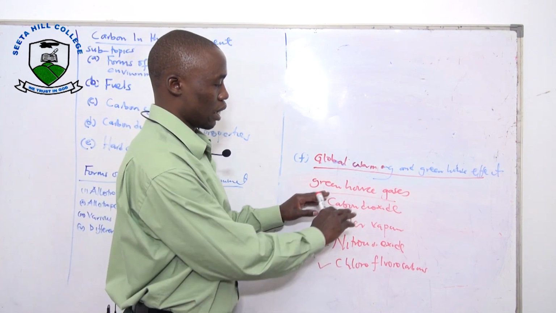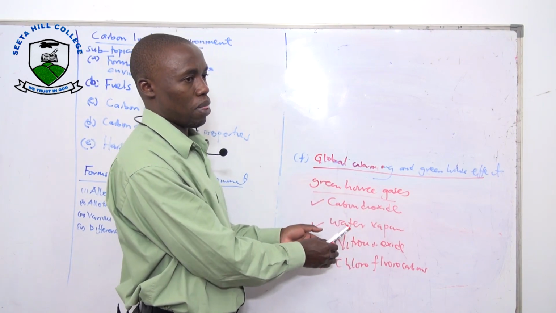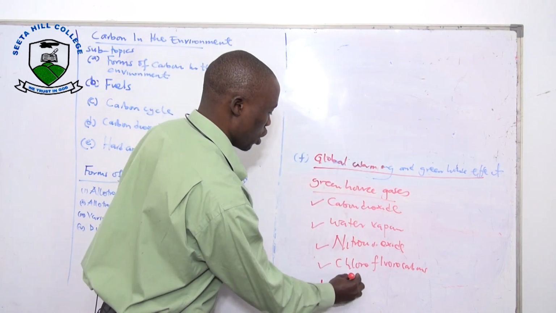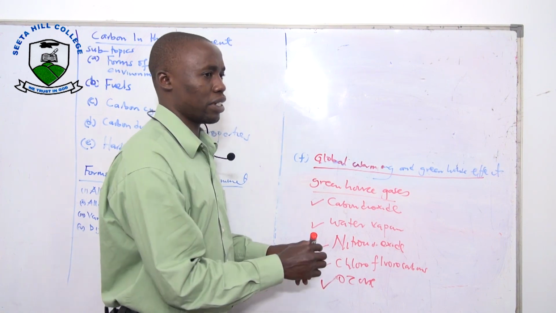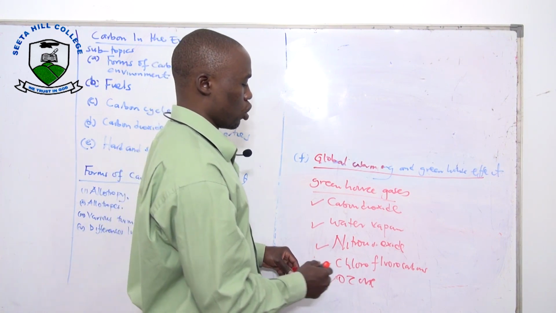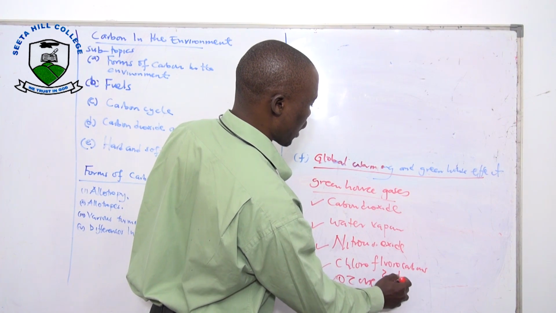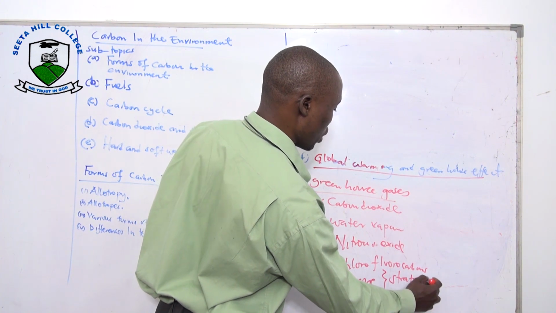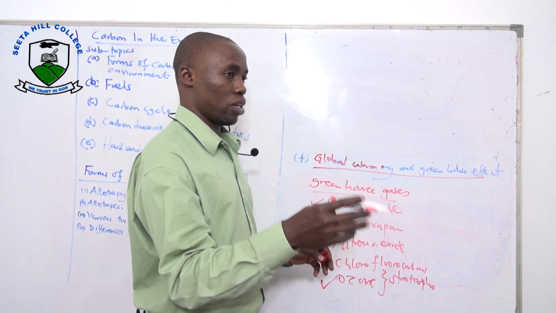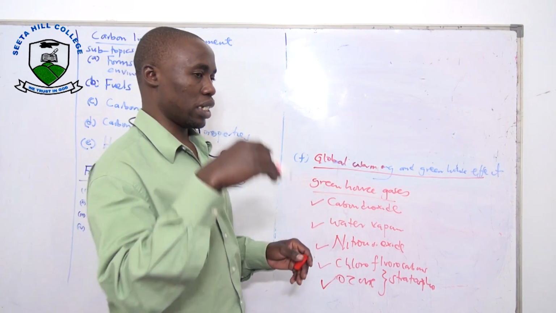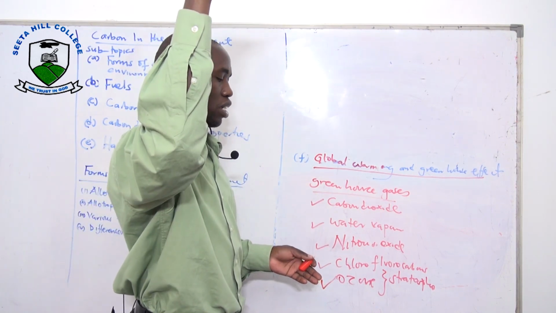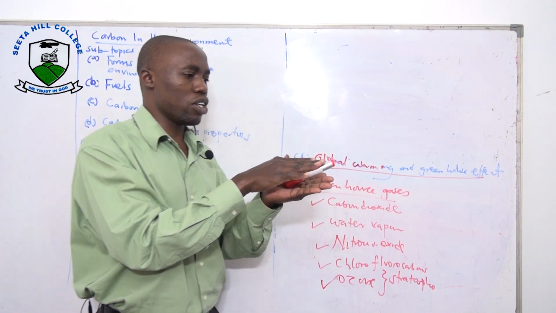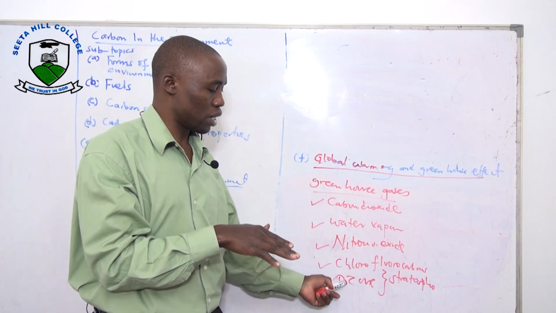Now these gases, let us summarize this part here. Listen, ozone occurs in the second layer of the atmosphere called the stratosphere. Remember we are in the troposphere now. The second layer after the troposphere is the stratosphere, and it contains a region of a special gas called ozone.